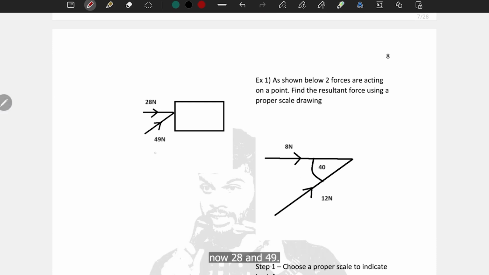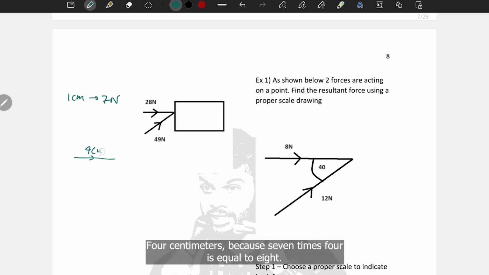Now 28 and 49, so I should pick 1 centimeter to represent 7 newtons. In order to represent 28 newtons, I should draw a line of length 4 centimeters, because 7 times 4 is equal to 28.